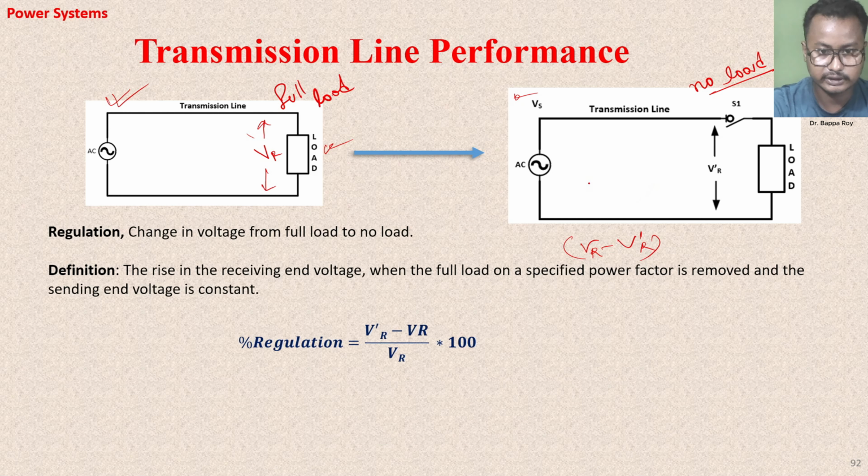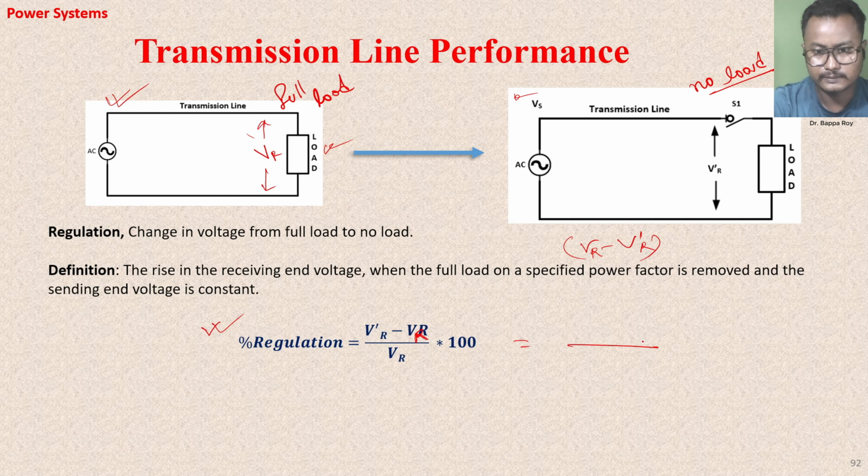Here you can see the regulation, the percentage of regulation. The full equation is given here. The percentage of voltage regulation is equal to VR minus, sorry, it will be V small r.